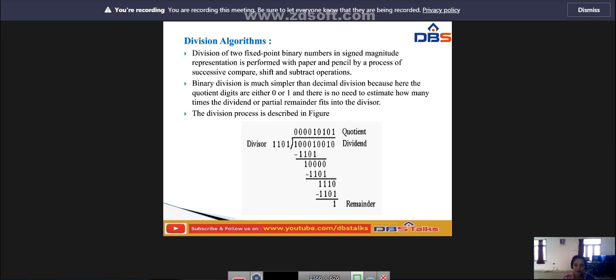Here is the divisor, this is the dividend, this is the coefficient, and this is the remainder.